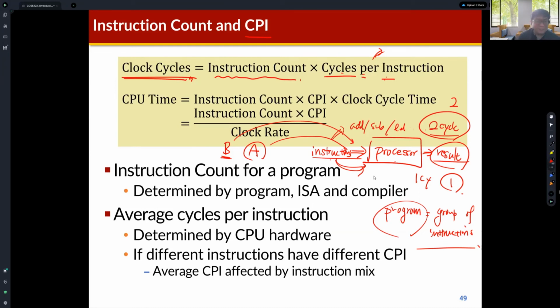Okay, then easy. So what are the clock cycles? Clock cycles are equivalent to the instruction count, the number of instructions, multiplied by cycles per instruction. This is IC, the instruction count, and this is cycles per instruction. So it's the clock cycles.